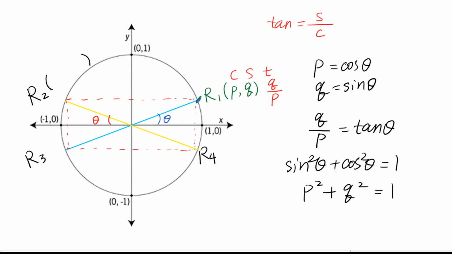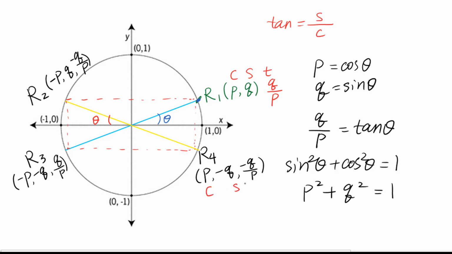For R2, you will get negative P, Q, and Q over negative P, that is negative Q over P. For R3, you will get negative P, negative Q, and Q over P. For R4, you will get P, negative Q, and negative Q over P. For the coordinates on this unit circle, we know this is CAST.